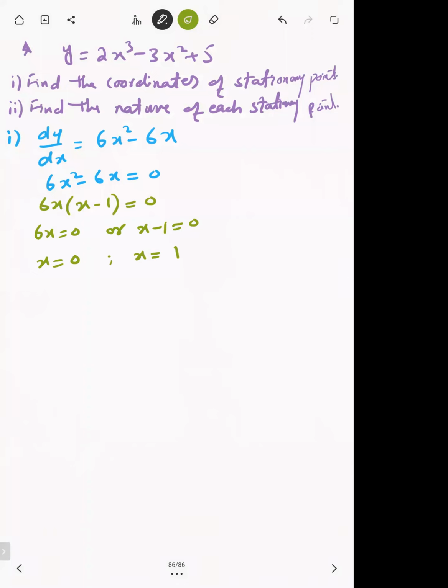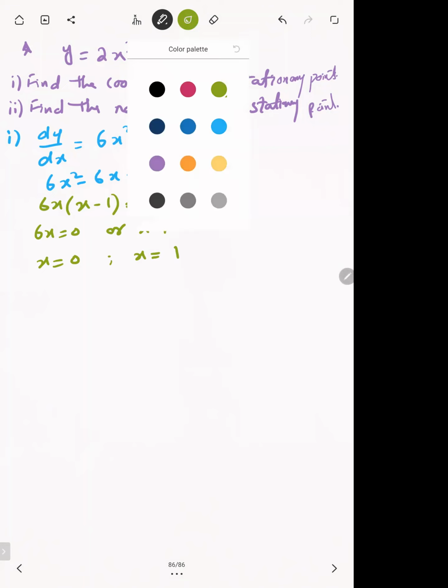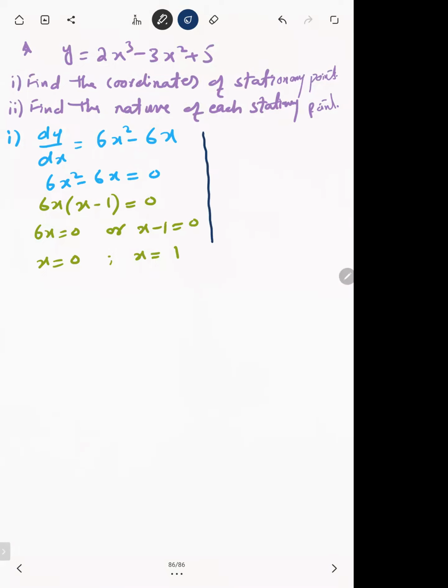You need to find the y coordinate as well. So put x is equal to 0 in the original equation. You will get y is equal to 5.